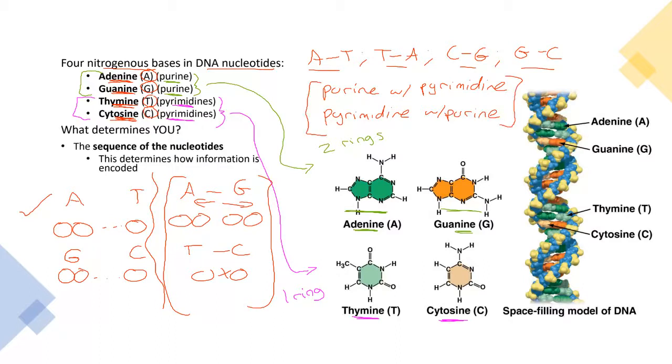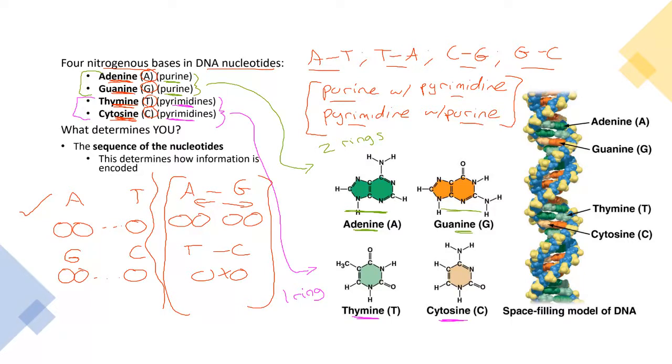A purine could be adenine, hanging out with a pyrimidine like thymine, for example. A pyrimidine, for example cytosine, is going to be hanging out with a purine, which could be guanine.